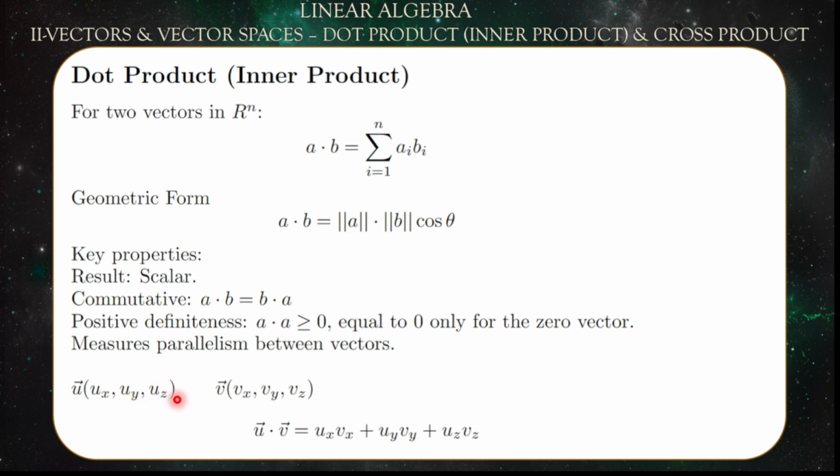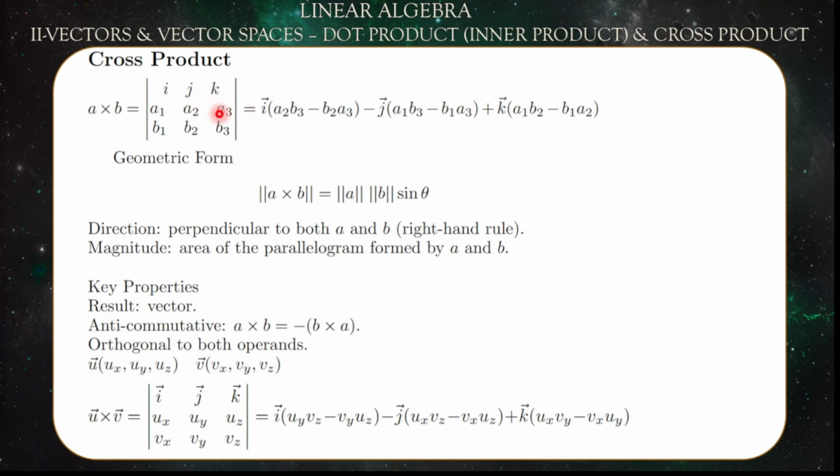So let's say you have two vectors, U and V. U dot V gives us Ux Vx, so x of U times x of V, plus Uy Vy, plus Uz Vz, or z of U times z of V. This is how we get the dot product.